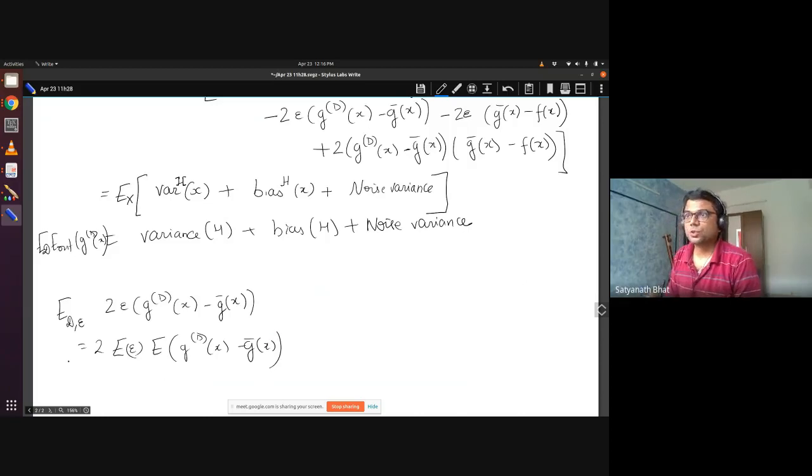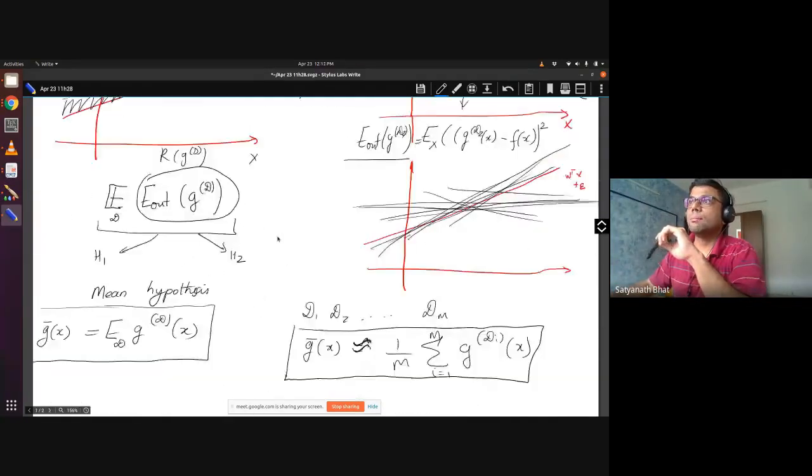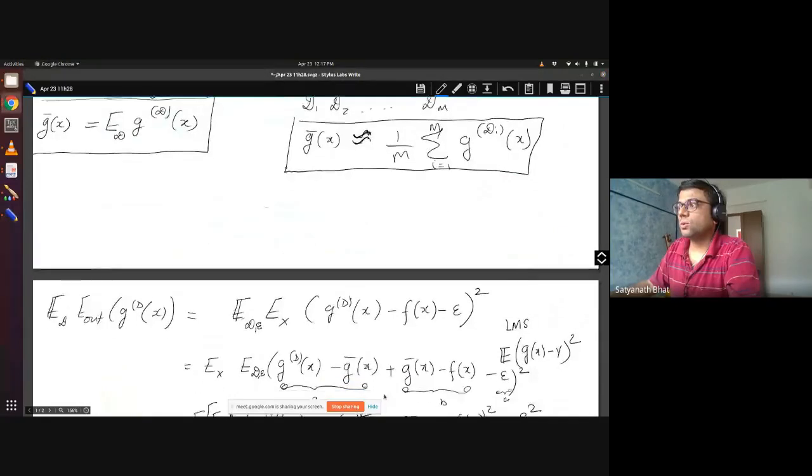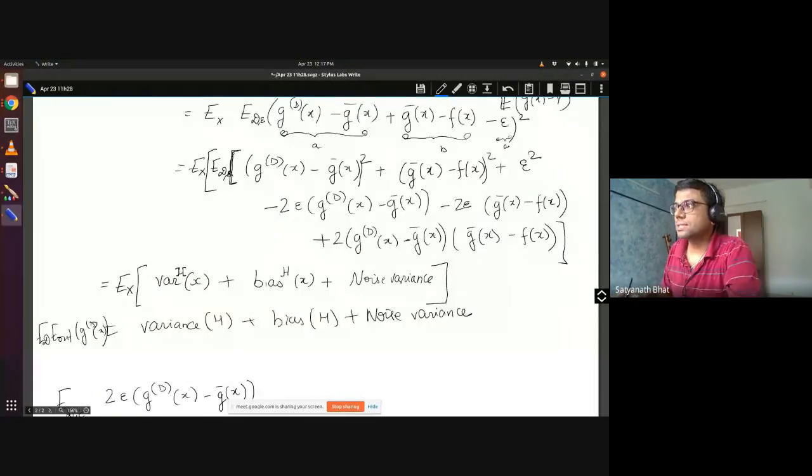Now this term goes to 0 because the noise has 0 mean. I didn't mention it, but the noise component here is assumed to have 0 mean, and variance is sigma squared. So this will come as the noise variance, which is sigma squared.